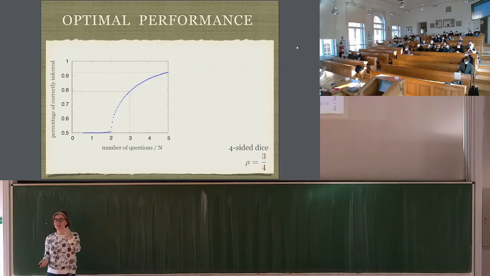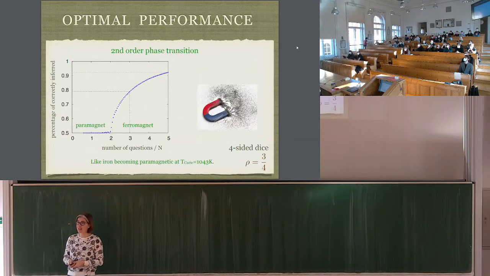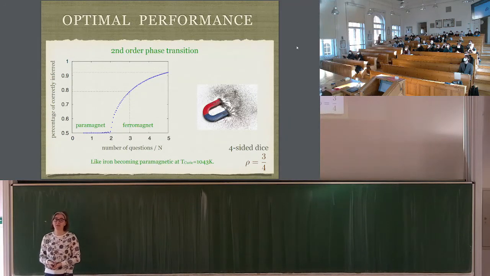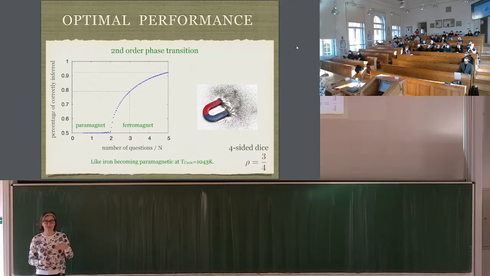Again, this change from half, random guessing performance, to better than that performance, is a phase transition, the same one as you have in magnets. You know that when you heat a magnet to about 1000 Kelvin, there's the Curie temperature, right? The physicist Curie, the husband of Marie Curie.